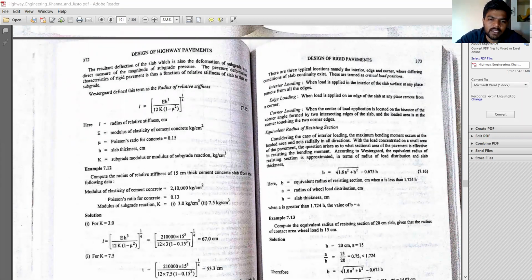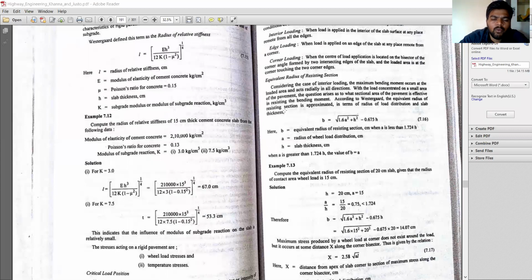Edge loading will be less, 200 kilonewton. Corner loading, 100 kilonewton. Yes, by considering all these three types of loading, the total stresses can be calculated. Okay, so these are just basic fundamentals you need to learn to design cement concrete pavements. Without knowing this, you cannot design the concrete pavement.